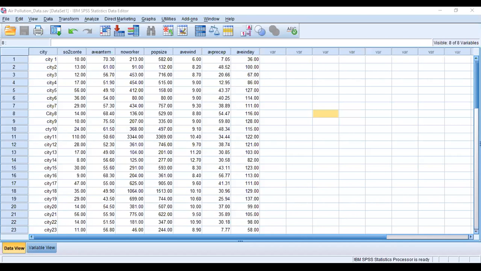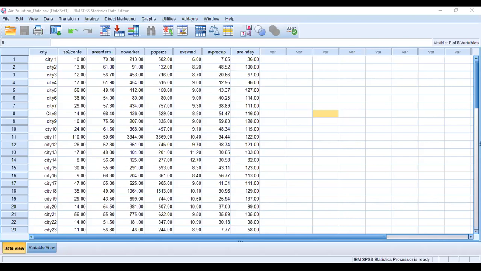Then population size, 1970 census. If the population size is more in a particular city, they are bound to pollute. That is what the data says. Then average wind speed in miles per hour is not significant, so wind speed pollution is not seen in any of these cities. Average annual precipitation is also not playing a role in polluting the air, and the average number of days per year with precipitation is also not polluting.